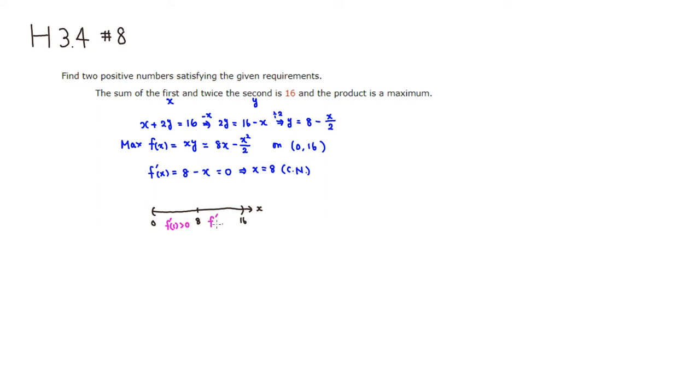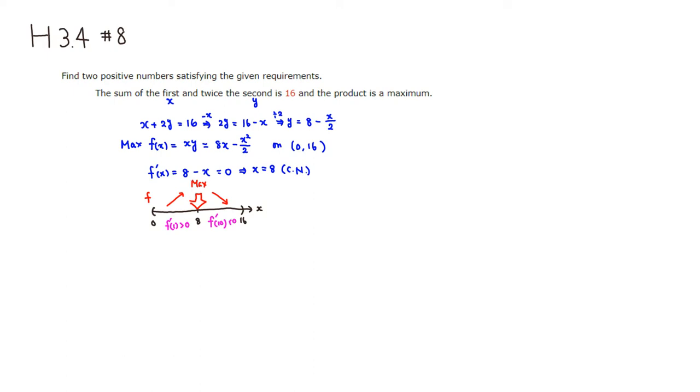Between 8 and 16, I'll try 10, 8 minus 10 is negative. So we can see that the original function f is increasing before 8 and decreasing after 8. So we know that the maximum happens here, which is exactly what we want.